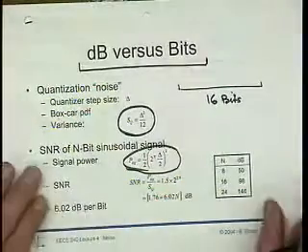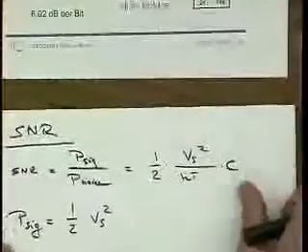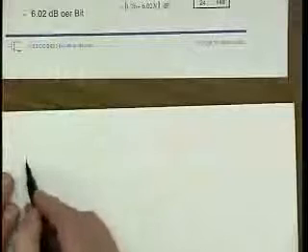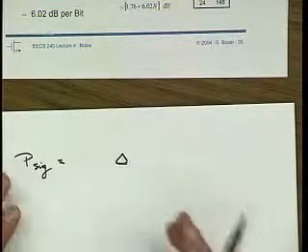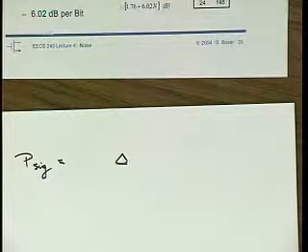What I did here is the signal power is simply delta. Delta is the amplitude of my LSB. It's the size of my LSB. Okay, so how big a signal can I represent?